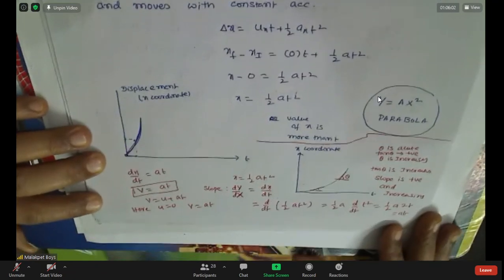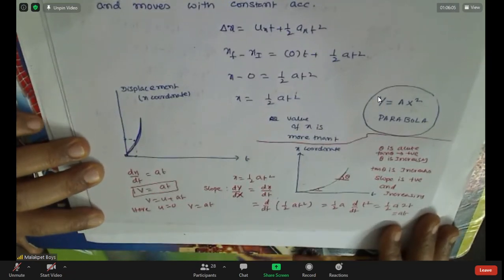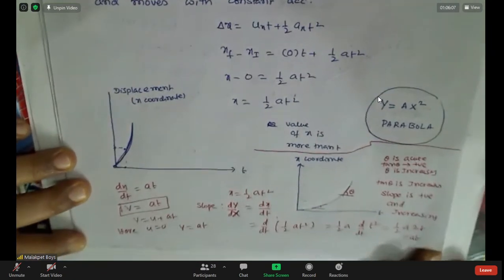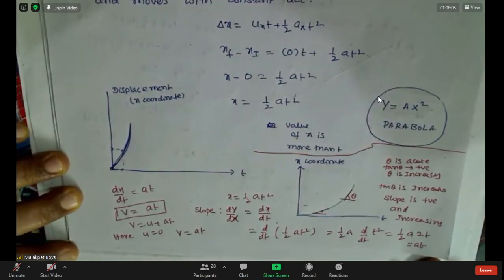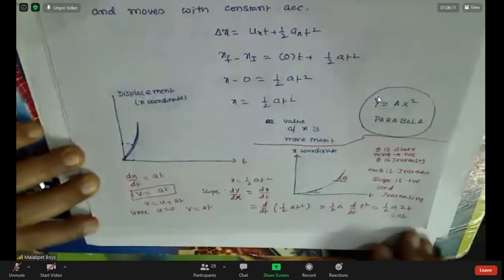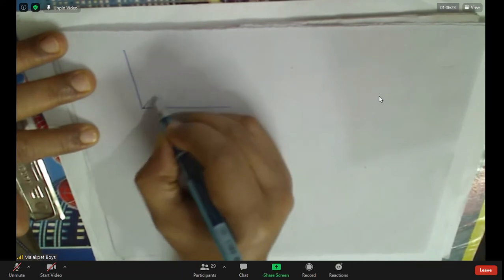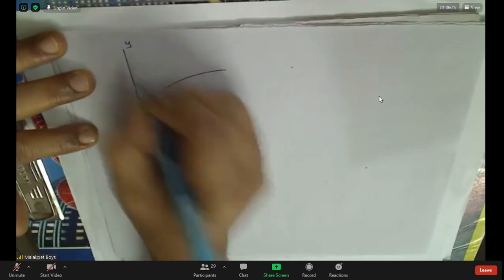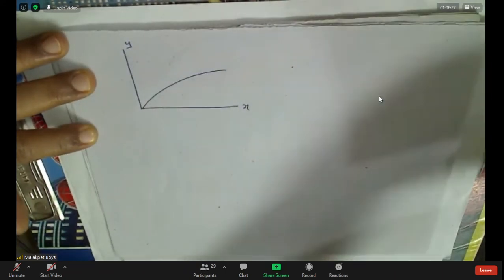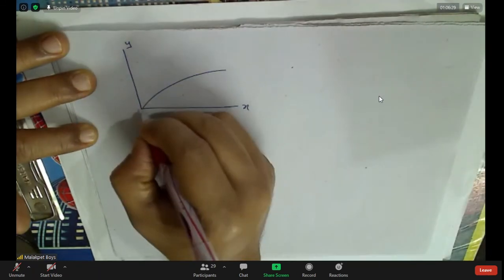Is it clear now? Yes, sir. Clear. So remember that. Suppose we have a graph like this. This is y variation with x. Now you can see what is happening to the slope.